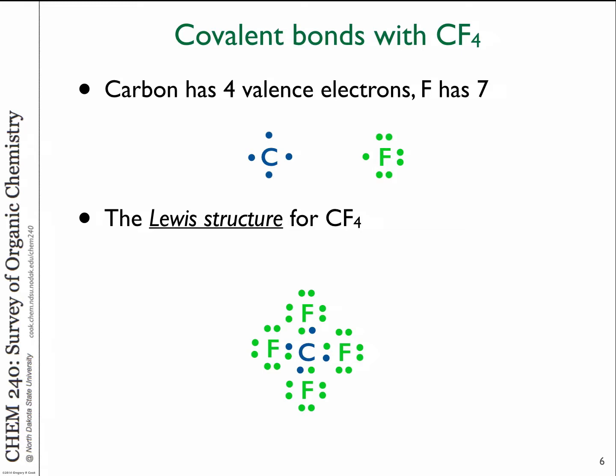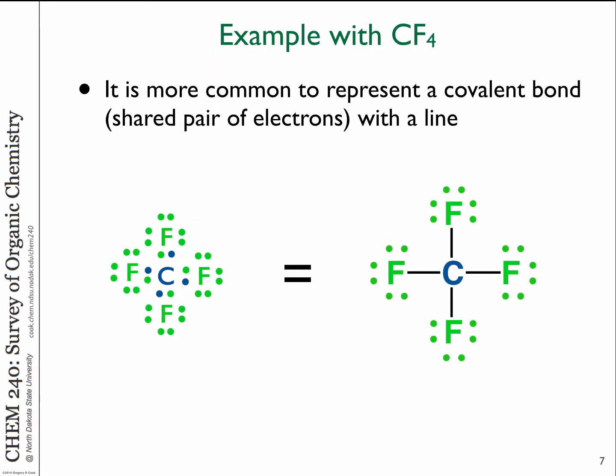So instead, it shares electrons. That's what we call covalent bonds. In this case, it's sharing electrons with fluorines. And we represent that usually by lines, where we use a line to indicate the bond of the shared electrons in a covalent bond.